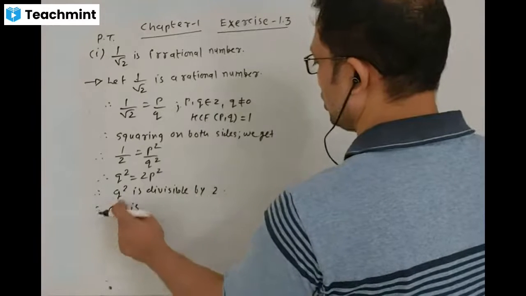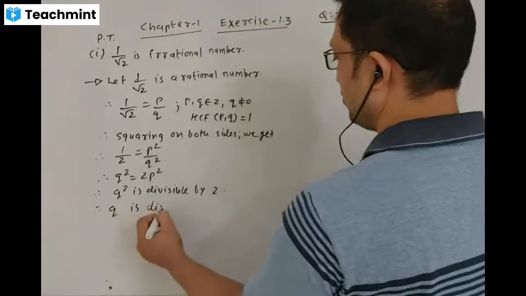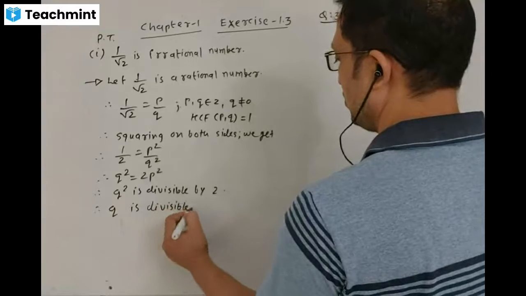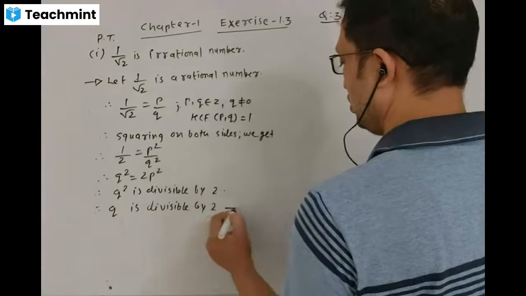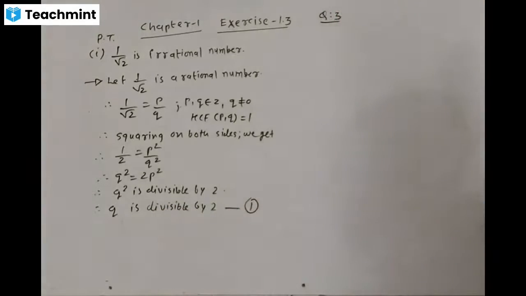Therefore, q is also divisible by 2. That resulting value 1. q square 2 से divisible है. Otherwise, 2 is a factor of q square.